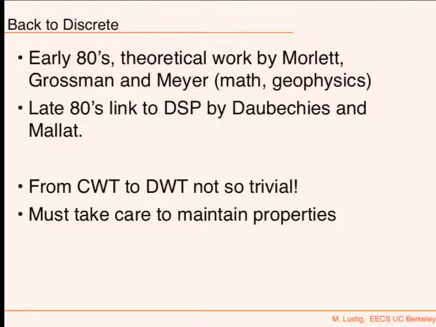So the number of vanishing moments tells you a lot about the wavelet. For example, if the first moment is zero, it means that any signal with a constant first derivative will integrate to 0 against the wavelet, so it will not give you any coefficient.